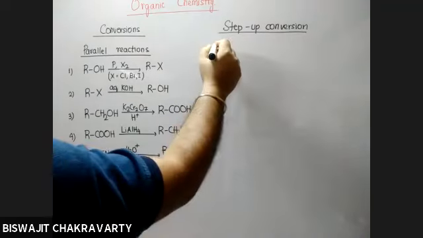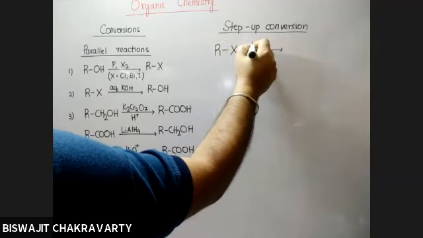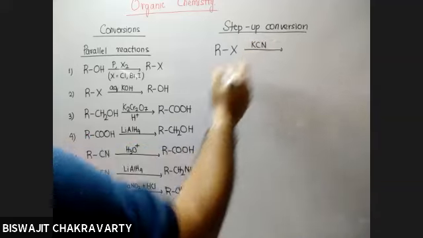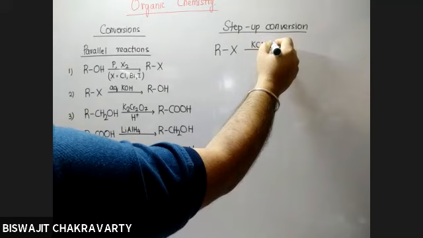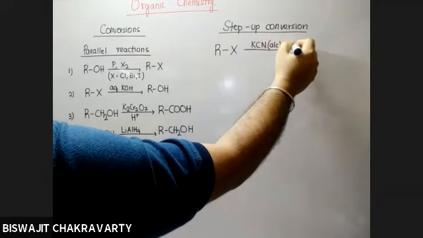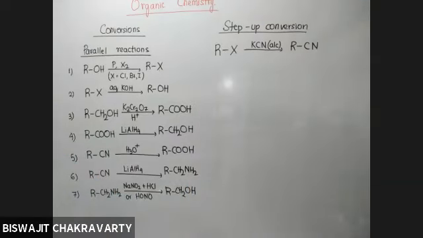And for that, we will have to take alkyl halides, RX. When alkyl halides are treated with potassium cyanide, remember, in alcoholic medium, the number of carbon atoms increases by 1, because the moment the cyanide group gets in, is there not an increase in the number of carbon atoms by 1?